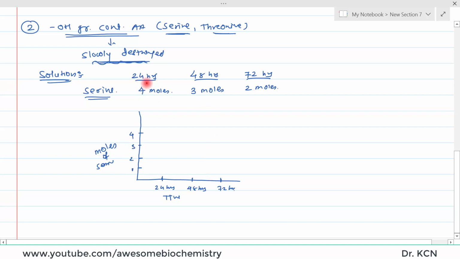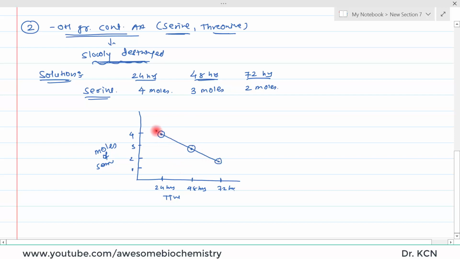At 24 hours I have 4 moles. At 48 hours I have 3 moles, and at 72 hours I have only 2 moles, right? So then I can draw a graph and it will be linear.